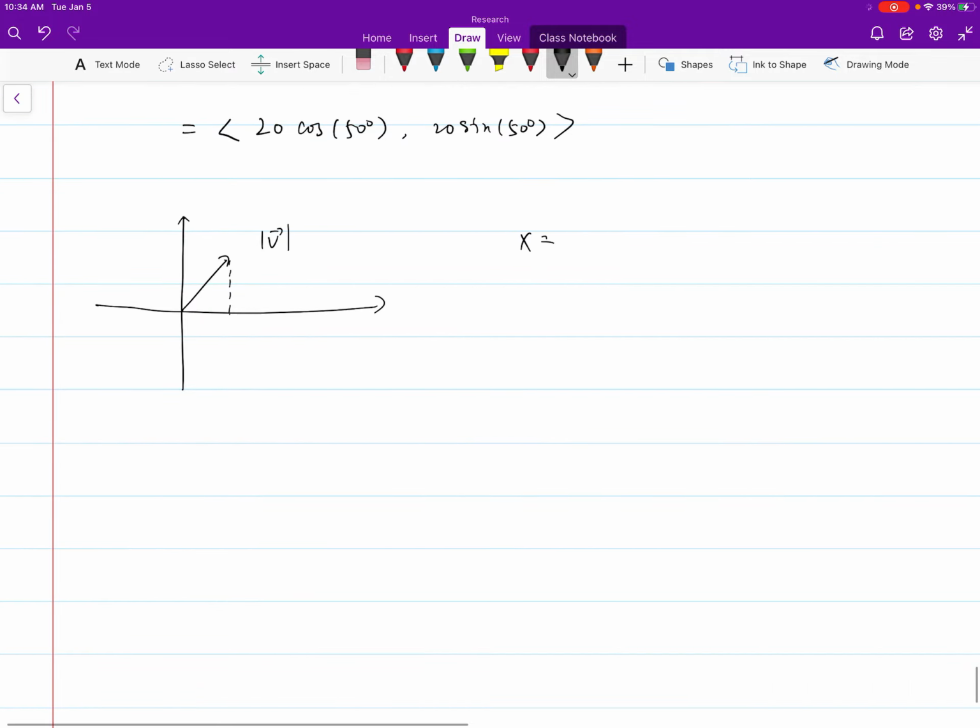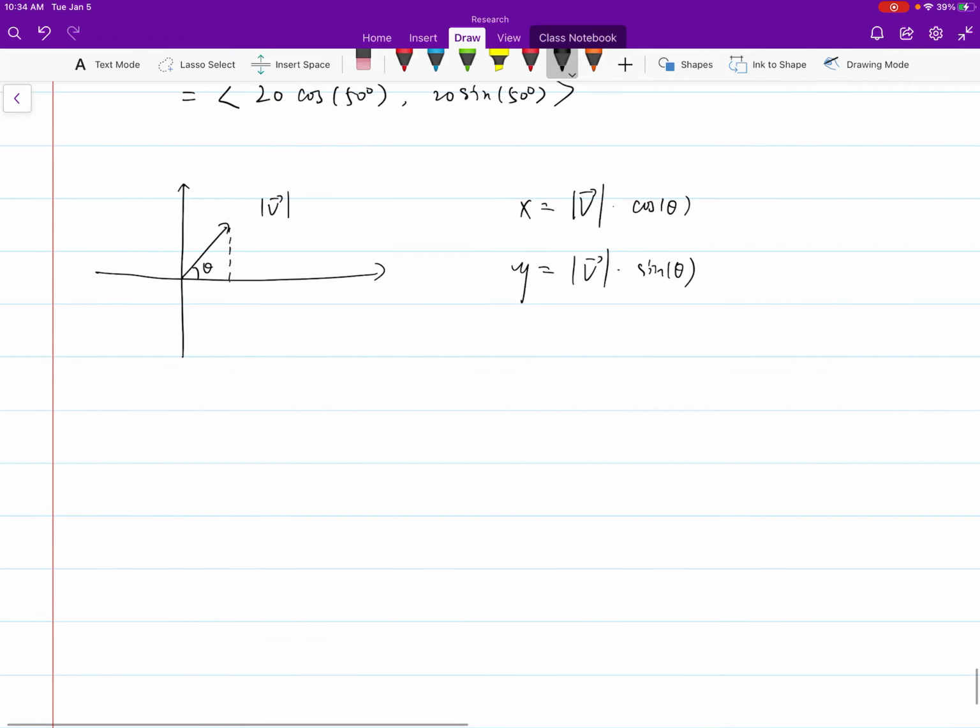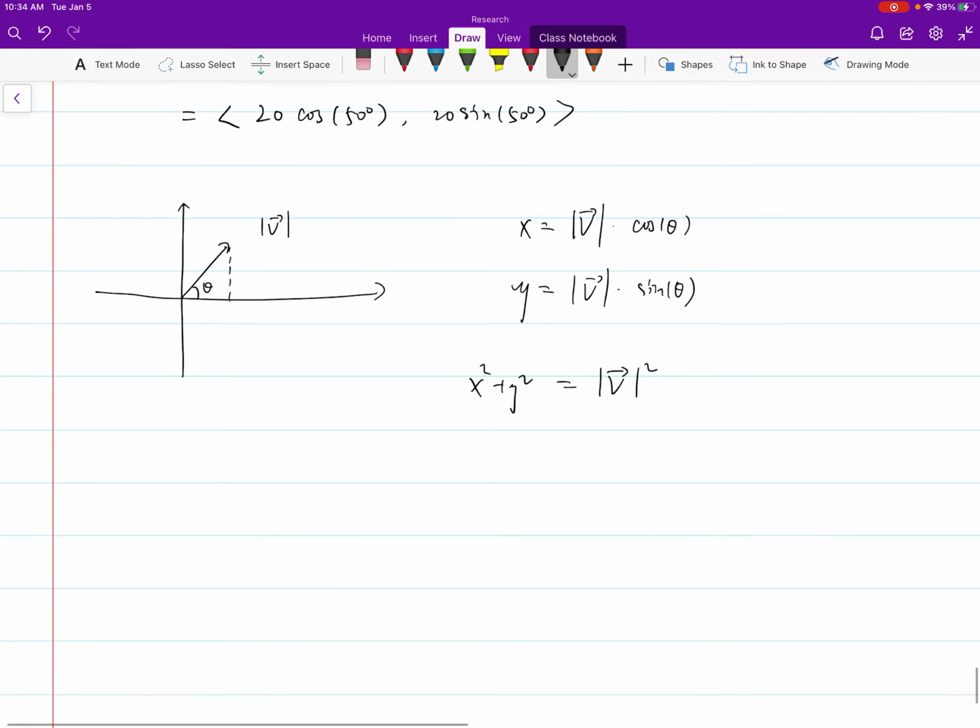But then we can easily have the horizontal and vertical to be x equals v times cosine theta, y equals v times sine theta, where theta is the angle between the positive x-axis direction and the direction of the vector. This actually guarantees x squared plus y squared equals v squared. That is actually the definition of the magnitude. It comes from a right triangle.